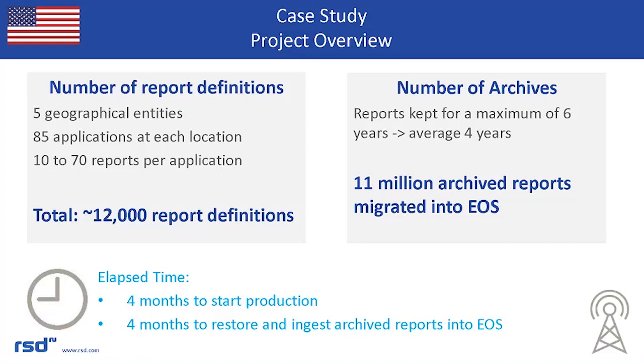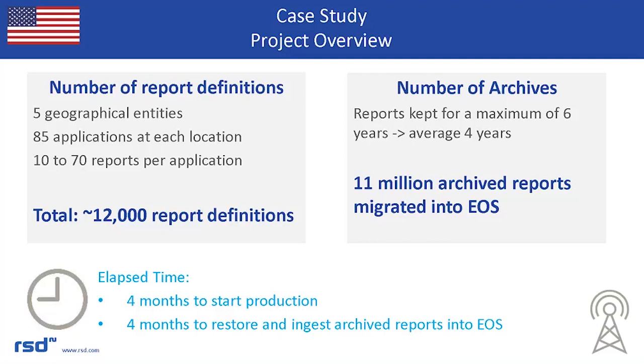And then on the historical archive side of the CA View Deliver system, reports were kept for a maximum of 6 years, but the average retention was about 4 years. And about 11 million archive reports were migrated into the EOS system. So how long did this migration take?